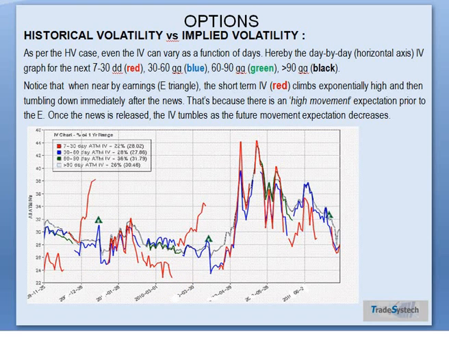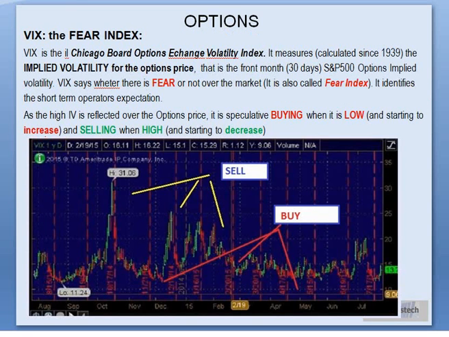Alright, we close this short video tutorial discussing the VIX. It's also called the Fear Index. VIX is the Chicago Board Options Exchange Volatility Index. It measures the implied volatility for the front month of the S&P 500 options.